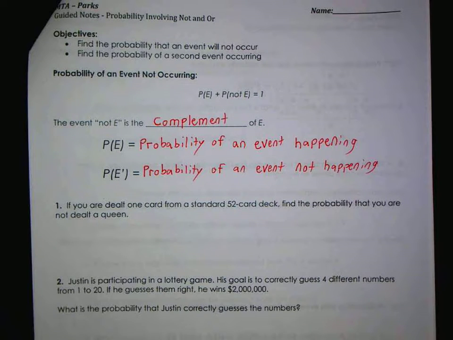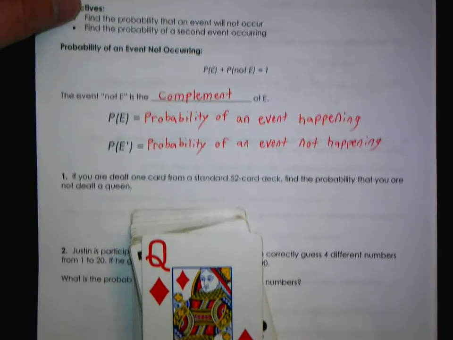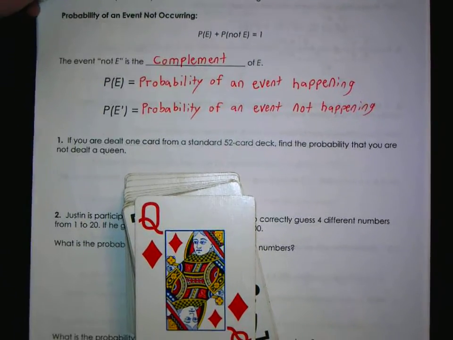So let's say you are dealt one card from a standard 52 card deck. So I'll pull out these little cards again. Find the probability that you are not dealt a queen.